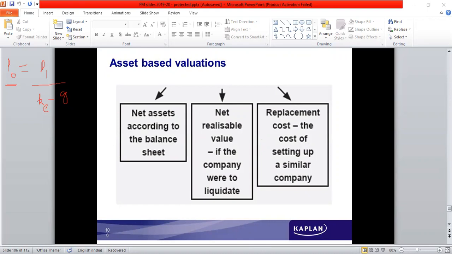But if they were to liquidate, or if they have to replace that, some of the assets do not have any realizable value. Like goodwill, it gives them some benefit when they are using that, but if they have to sell that, does it realize anything?